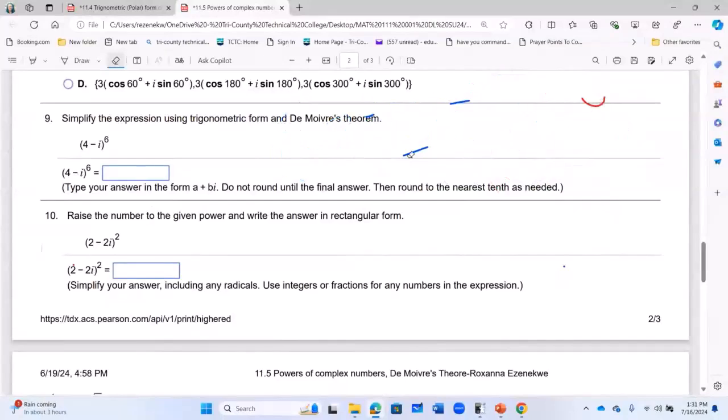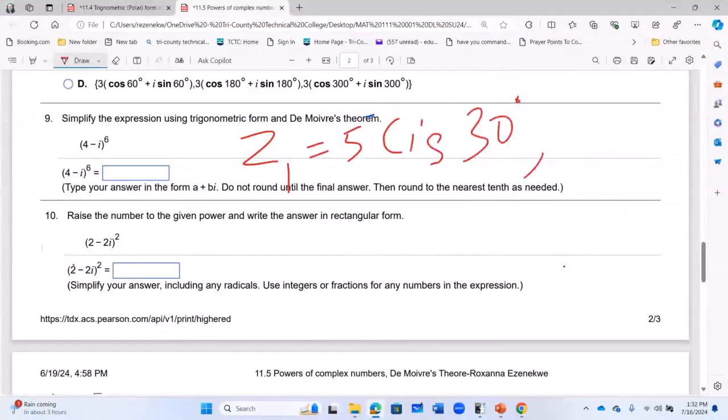If a complex number is in polar form or trigonometric form, suppose I have Z1, and Z1 is 5 cis 30 degrees, and I have Z2 equal to 4 cis 45 degrees.